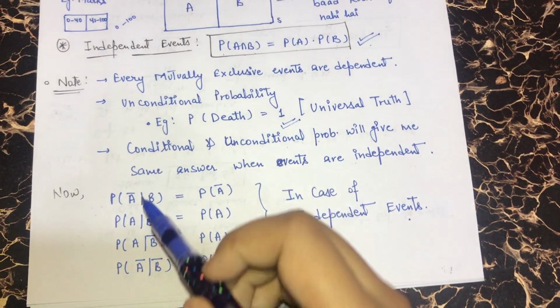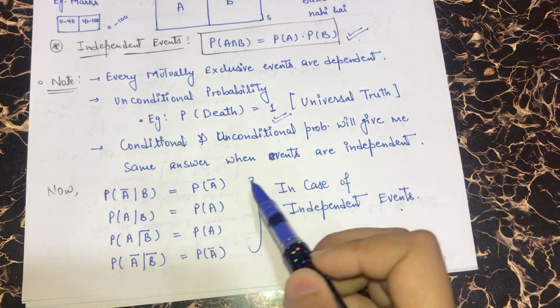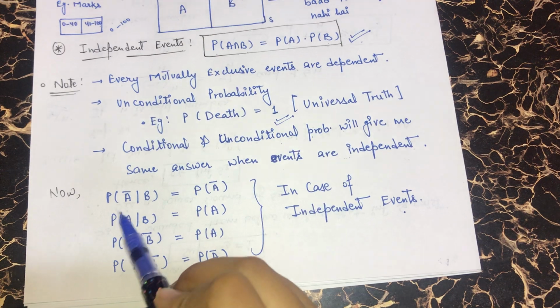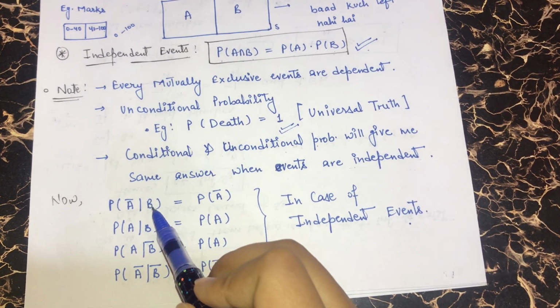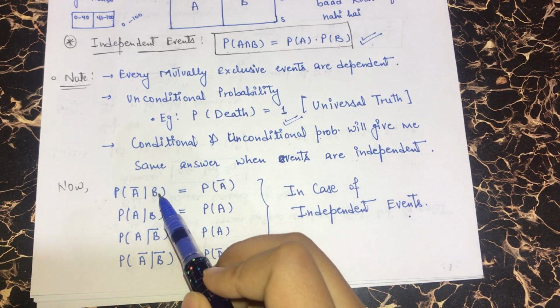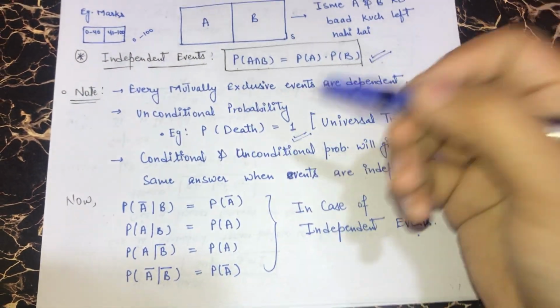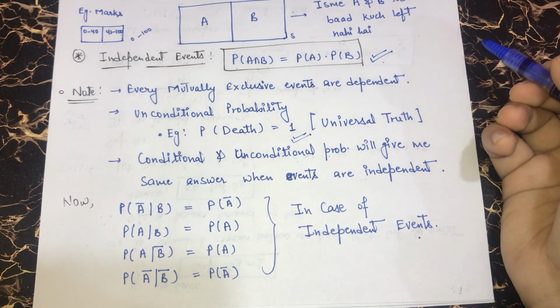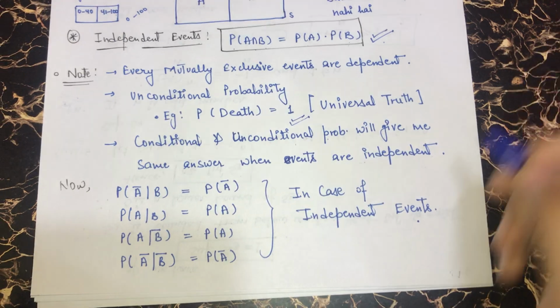So I am saying they are conditional probabilities, but they are independent. We know in conditional probability the condition is the probability of one when the other event has already occurred, but the occurrence of the other event is not mattering in this case.